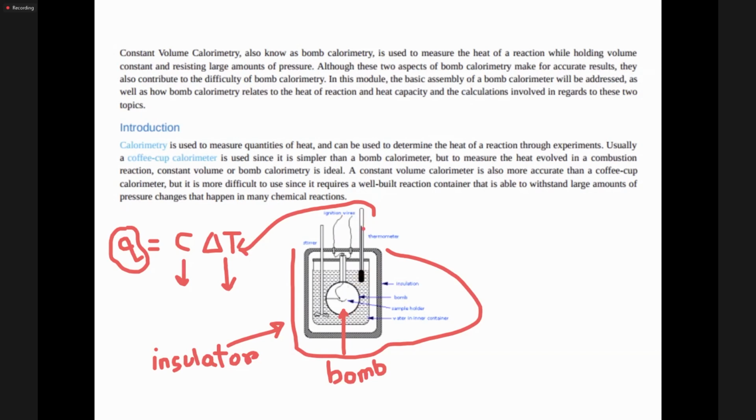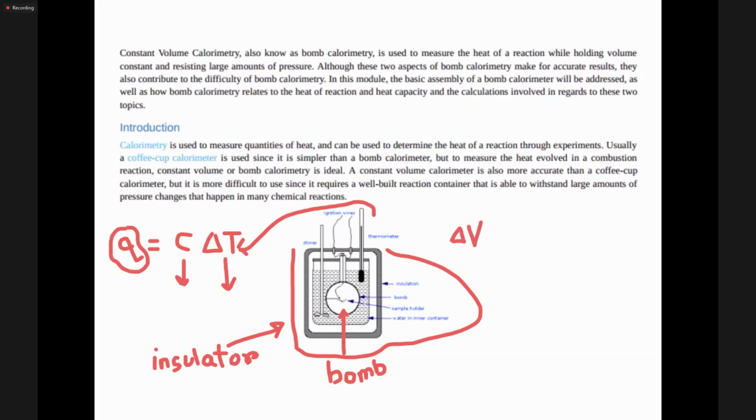Since the bomb calorimeter is completely sealed, the volume of the setup will not change. The volume will not change. The energy change associated with the reaction will be calculated at a constant volume, since delta V will be zero over here.